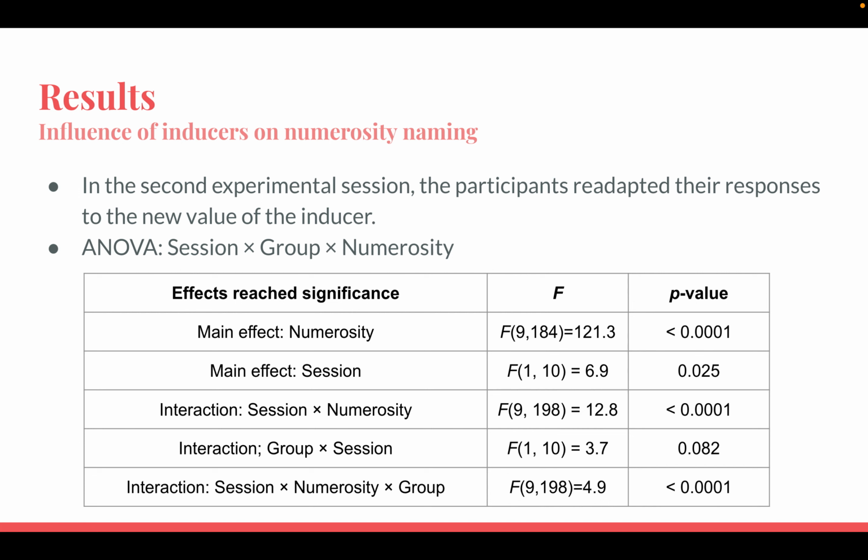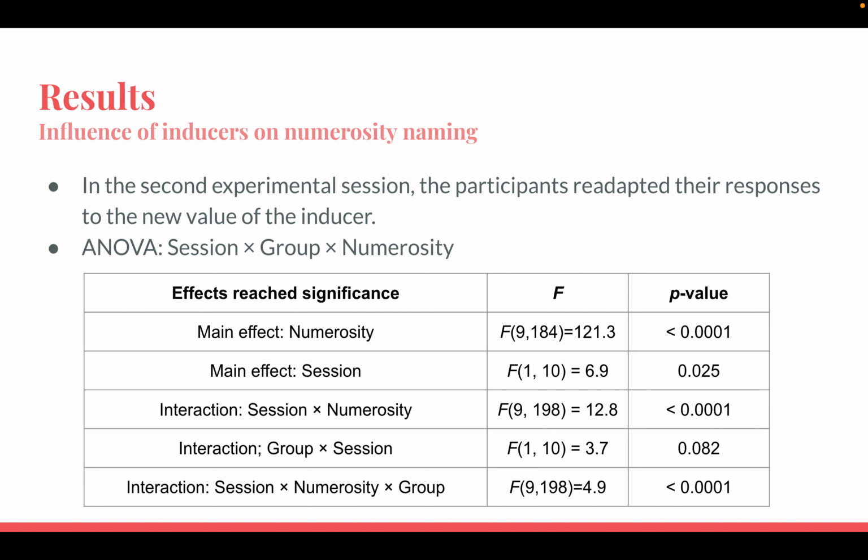as previously. Together with an effect of numerosity, we can observe an effect of the experimental session and an interaction between session and numerosity. These effects indicated that numerosities were overall more underestimated in the second session, particularly in the large numerosity range.